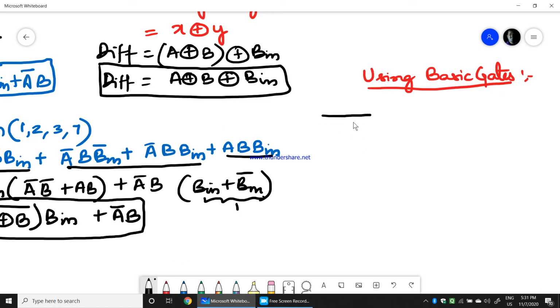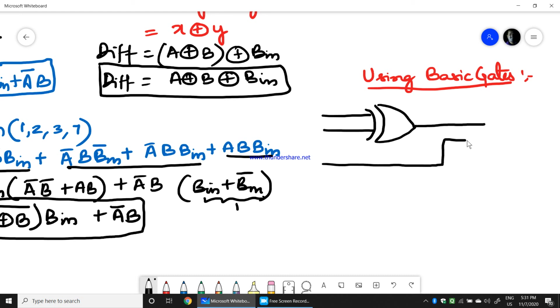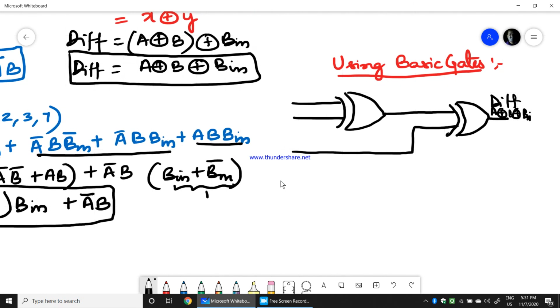So I'll have A, I'll have B, and B in as another input, and I'll put them to XOR gates. So this is my difference, which is A XOR B XOR B in.